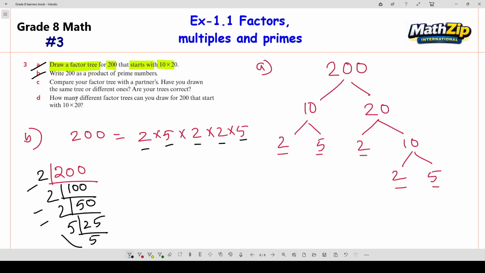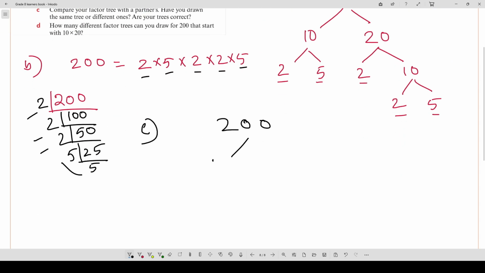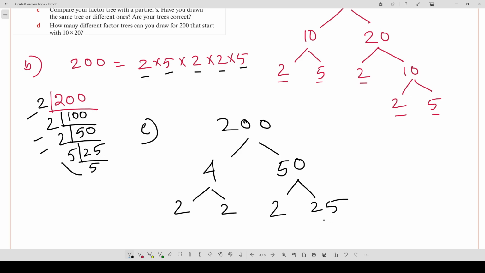Number C, compare your factor tree with partners. Have you drawn the same tree or different ones? Are your trees correct? So we can write different trees, like this is 200. We can start from 4 times 50, right? So 4 we can write as 2 times 2, and 50 can be written as 2 times 25, and this 25 can be written as 5 times 5.